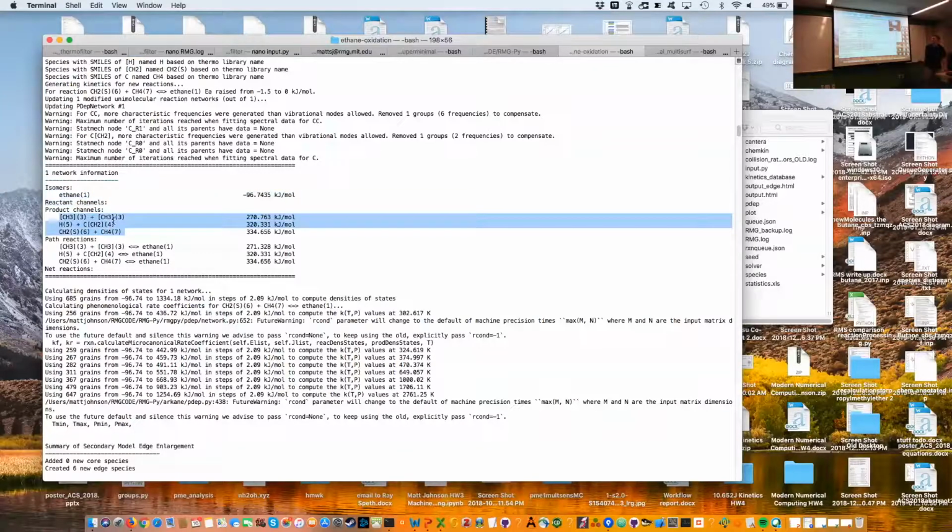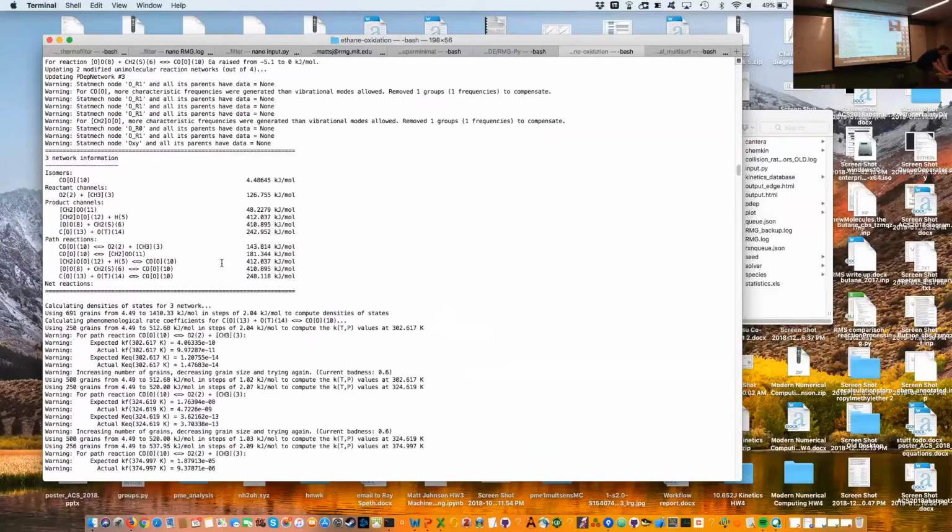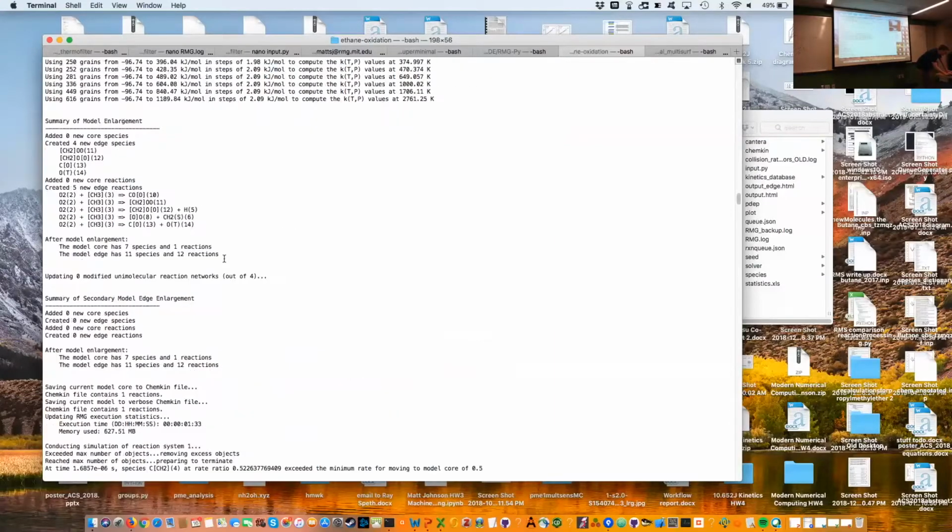It can split on the carbon-carbon bond to make two methyl radicals. It can split an H atom to get a methyl radical and a hydrogen radical, and it can split off into methane and CH2. And as we go through, you'll see other ones of these.